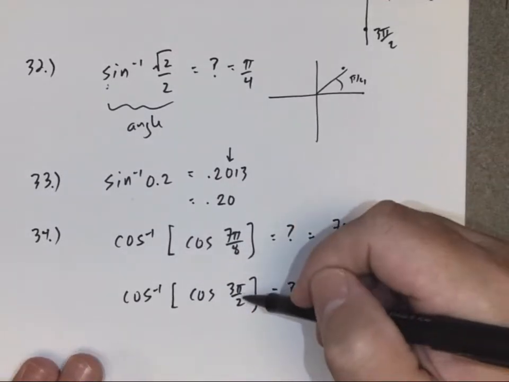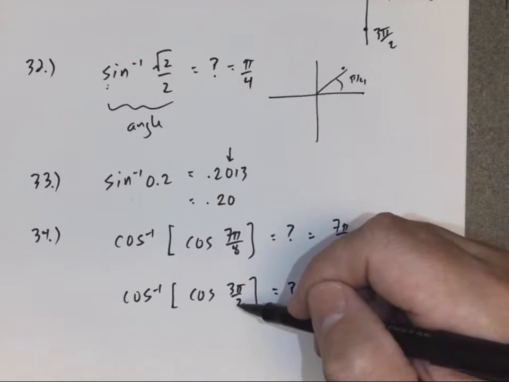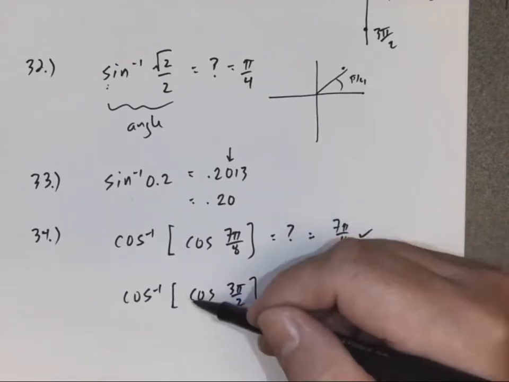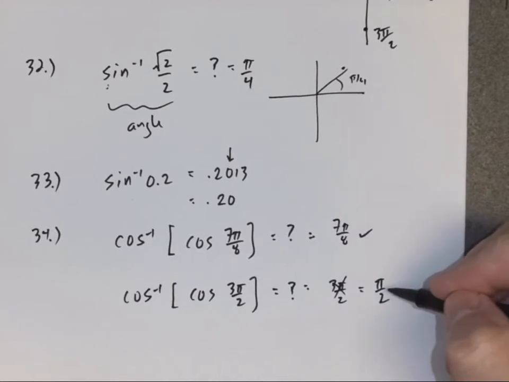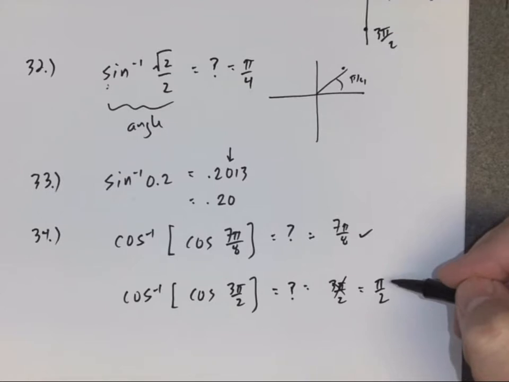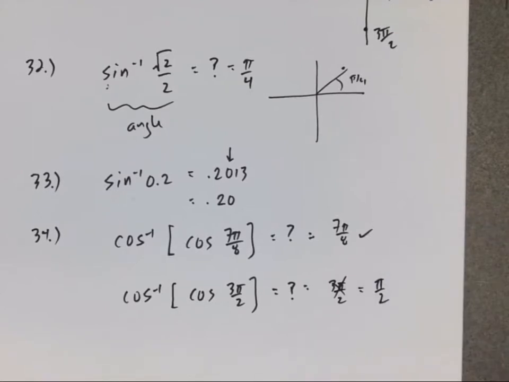But if the initial angle is not between 0 and pi, it's not in the top half of the circle, then they don't cancel out. And you have to go find the reference angle and take it from there. All right. Once again, we explained that in the earlier video, but just wanted to highlight it.